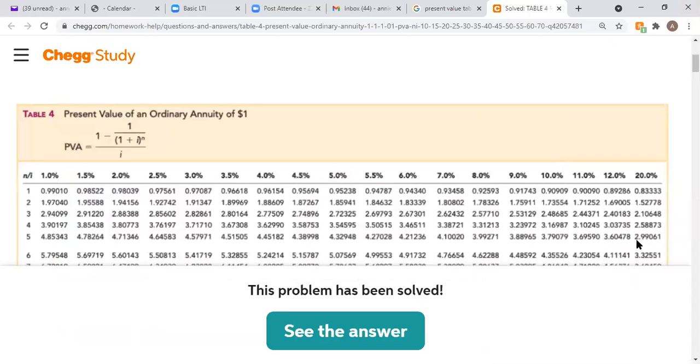When every year it is the same thing, we don't take each year individually and multiply, but take it for 5 years. This is 5 years at 20%. So the value is 2.99061. So the present value factor is 2.99061.